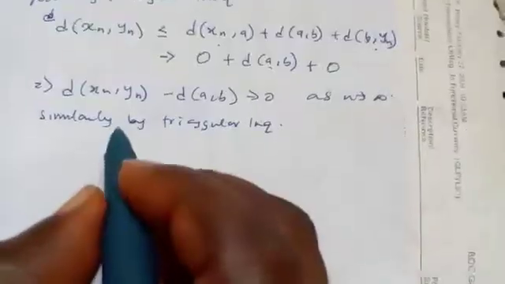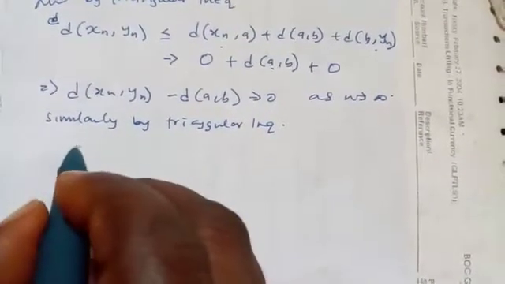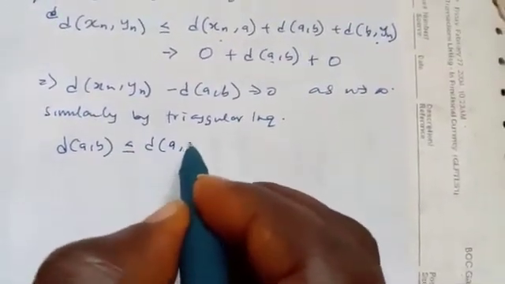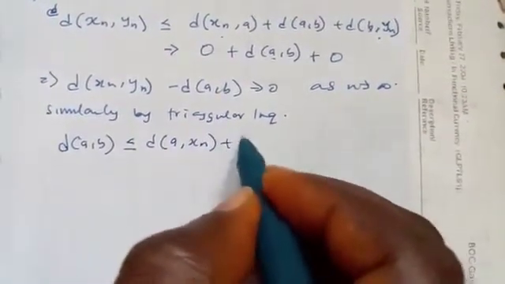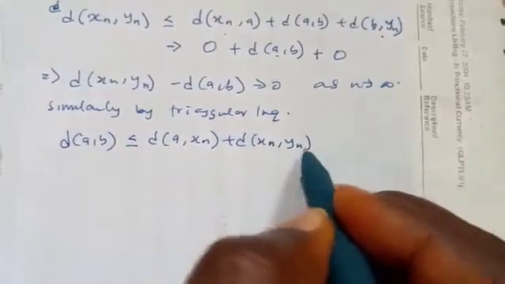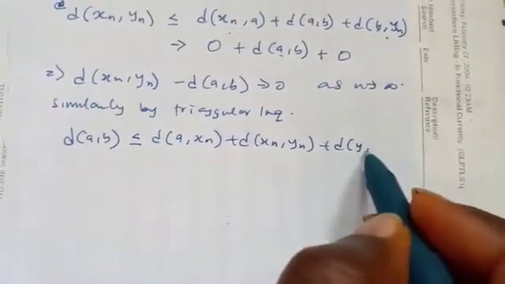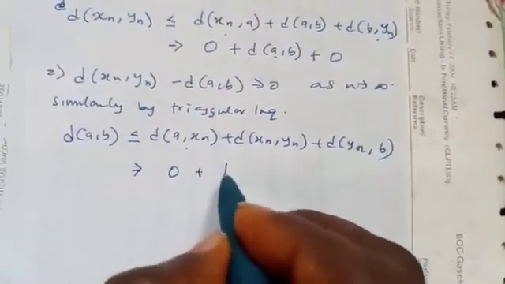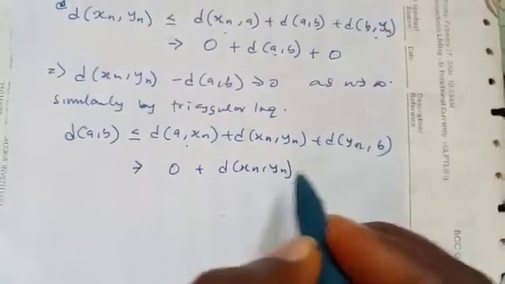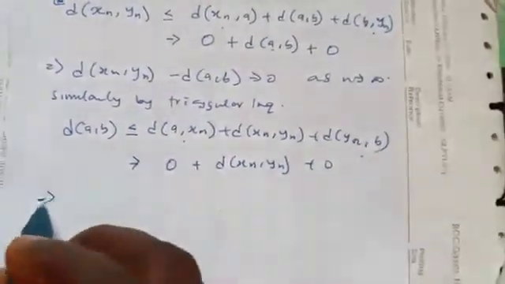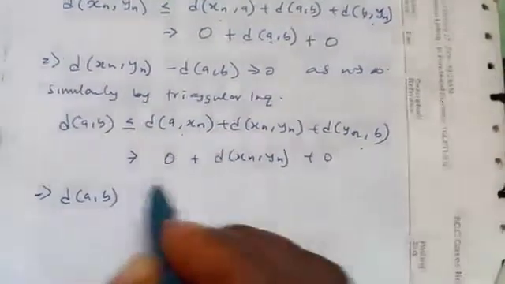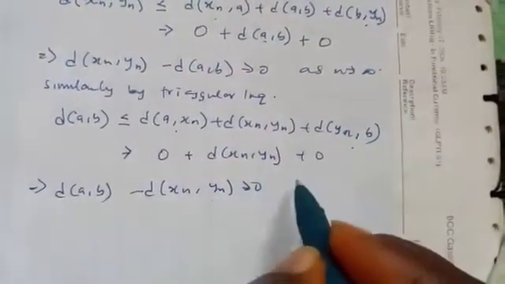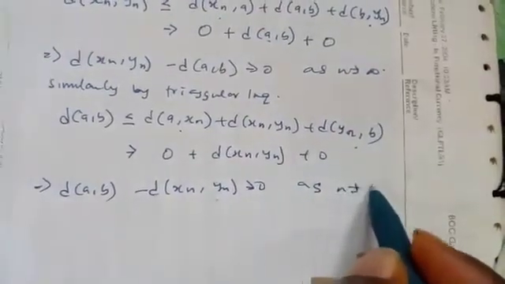So similarly, by the triangular inequality, we know that d(A, B) can be written as d(A, Sn) plus d(Sn, Yn) plus d(Yn, B). The first and last terms tend to 0, which simply means that if I bring this one in, I will have minus d(Sn, Yn) minus d(A, B), and both tend to 0 as n tends to infinity.